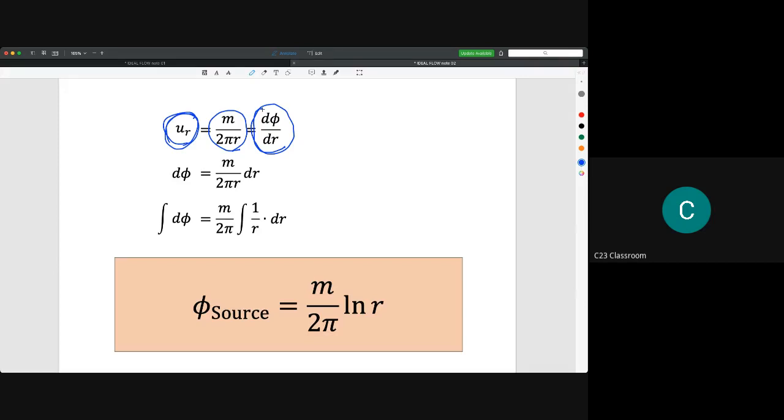So and then we could get phi here is equal to m over 2 pi ln r. Okay, you may try this at home. Okay, so the idea is a simple one. We base on what we have in reality, what we get from the diagram first, and then we try to equalize with any equation from the Cauchy-Riemann equations.